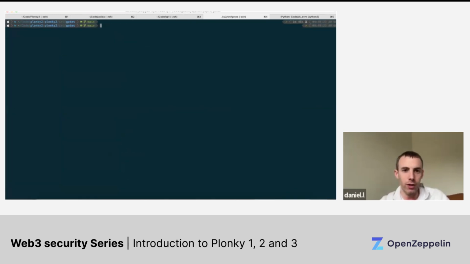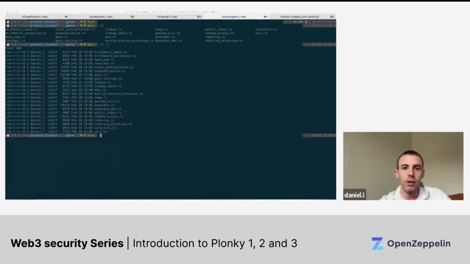So of the list here, there are a few that are almost required. For example, the Poseidon gate is sort of required because whenever we have public inputs, we always hash them using the Poseidon gate. There are a few others that are required.